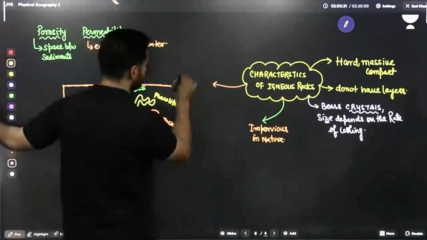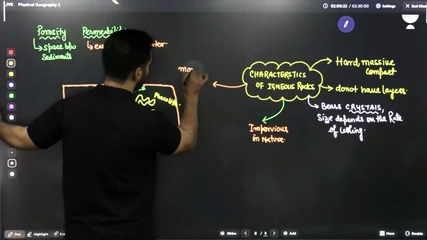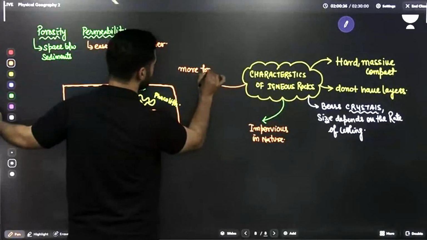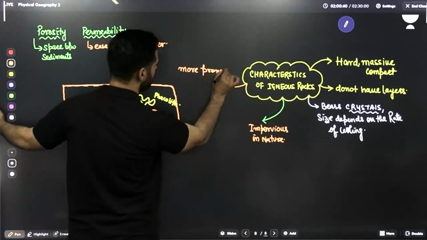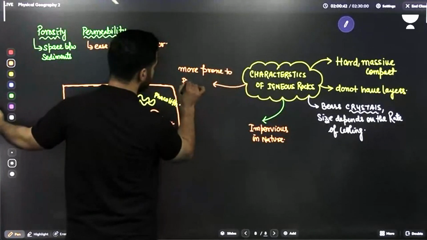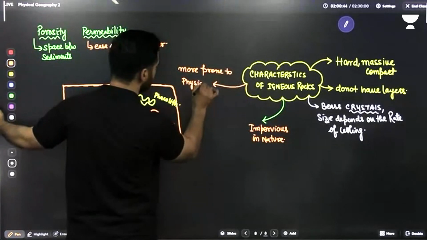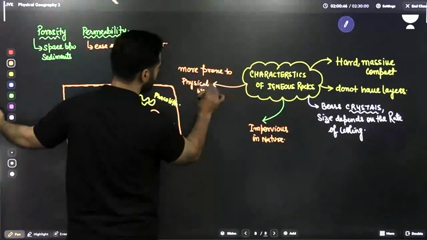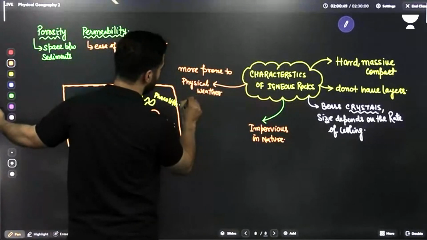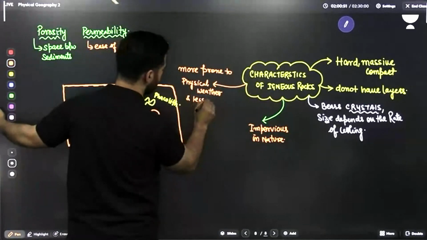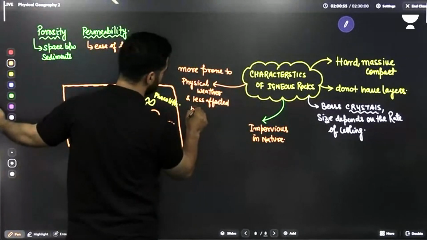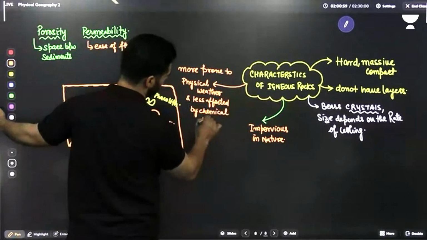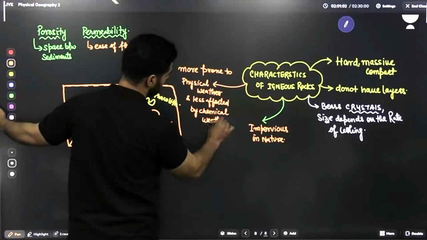So igneous rocks are more prone to physical weathering and less affected by chemical weathering.